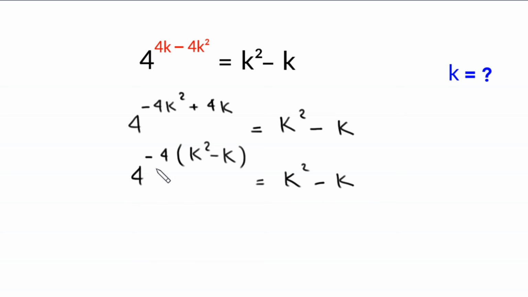Now we can rewrite the left hand side as 4 to the power negative 4 whole to the power k squared minus k is equal to k squared minus k.